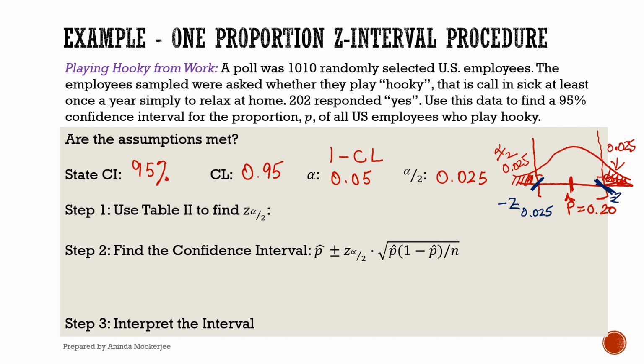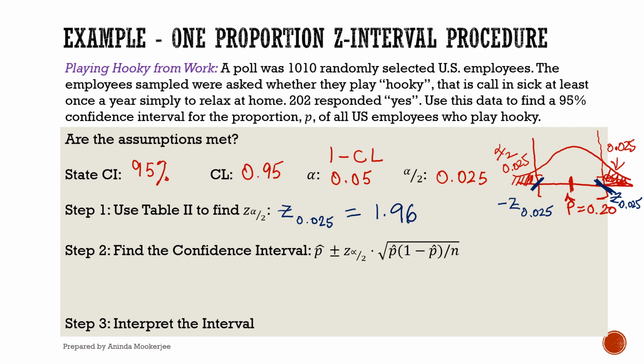So on the right hand side, it will be positive z of 0.025. If we go back to our table, we will see that z of 0.025 is equal to 1.96. You can look it up from the table or from your graphing calculators if you have one.